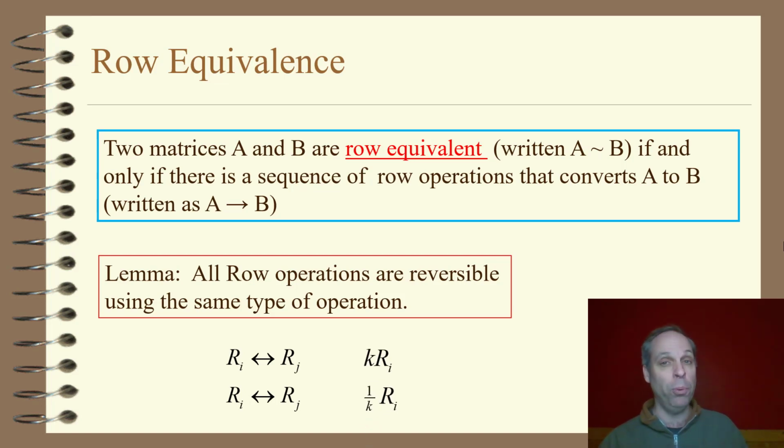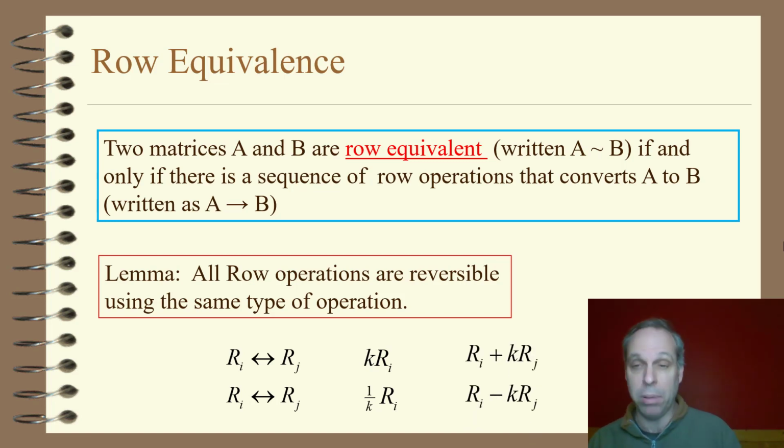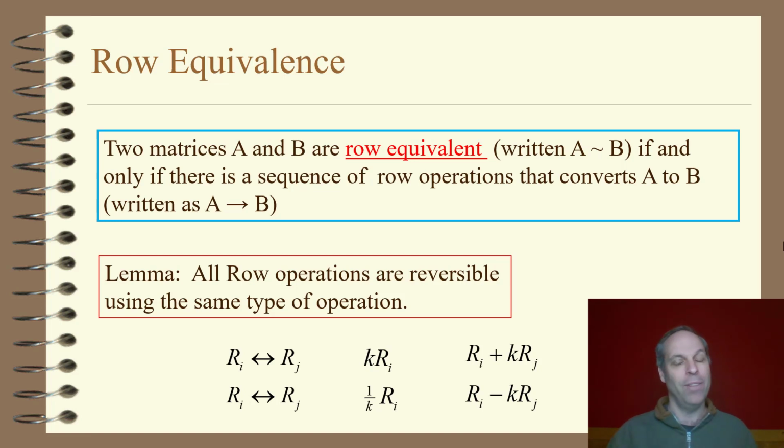If you take a multiple of a row, you could then take that resulting matrix and multiply it by the inverse of that multiple to go right back to where you were. And if you take the ith row and replace it with k times the jth row, take that new matrix, now take its ith row and subtract k times the jth row, you're actually right back to where you were because you added a multiple and subtracted the same multiple.